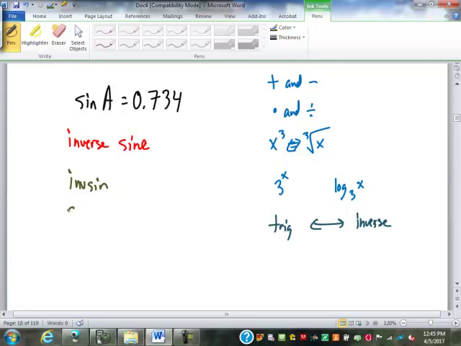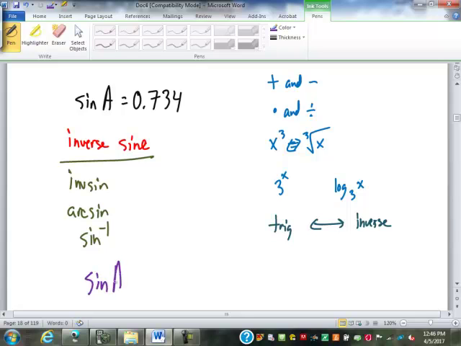We can use arc sine as another notation. And then this is the button you were asking about the other day. There's a sine -1. That's inverse sine. All of those mean inverse sine. So if any of them are applied to this, it cancels out the sine.